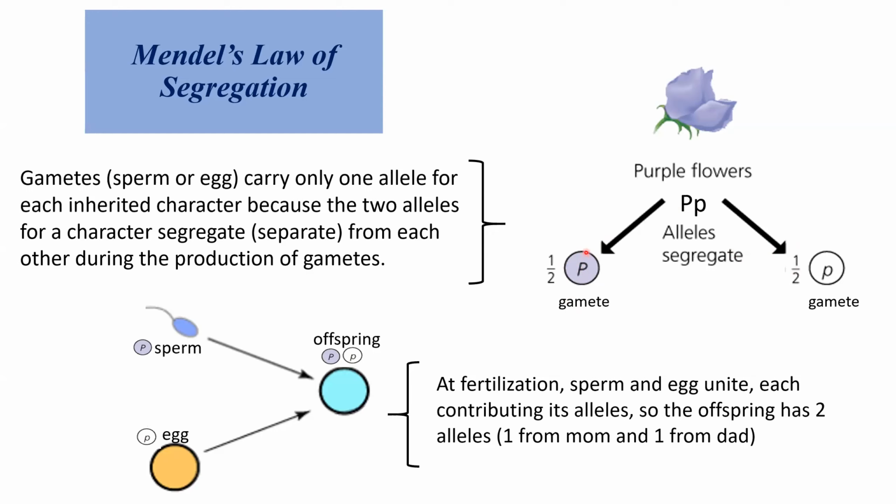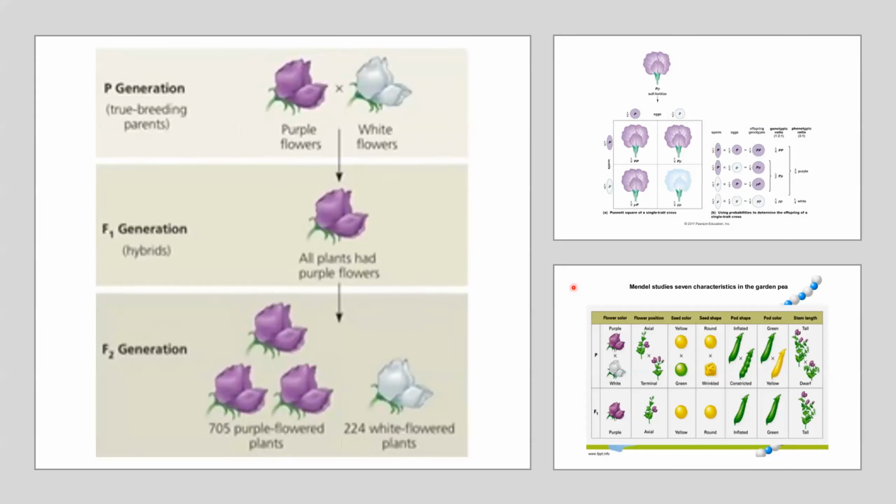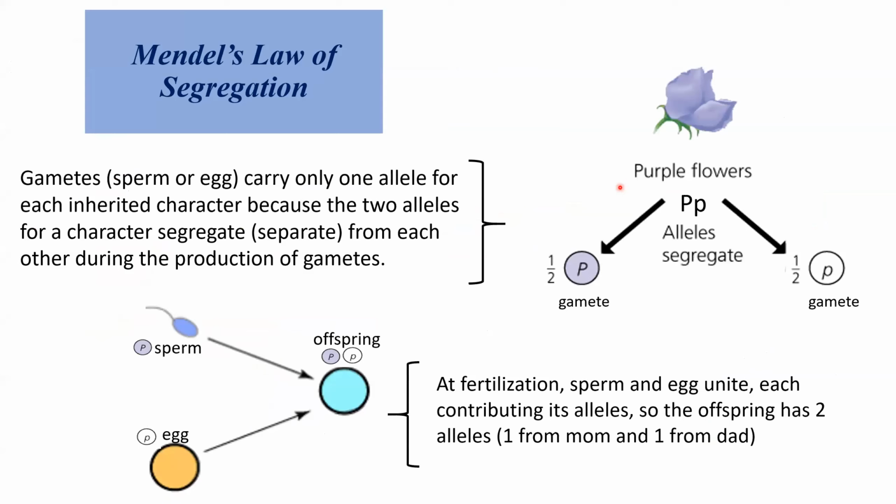And remember, we had the uppercase P, lowercase p on the top. Here you can see that you have half uppercase P, half lowercase p. So that is the law of segregation. When sperm and eggs unite at fertilization, each contributes its alleles, restoring the paired condition in the offspring.